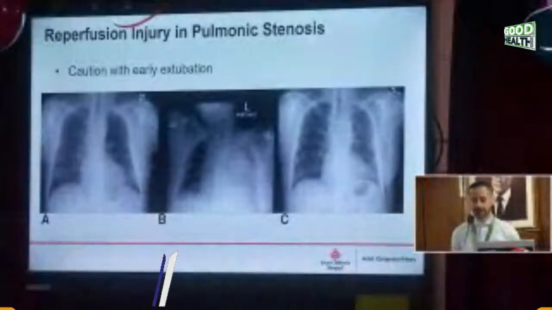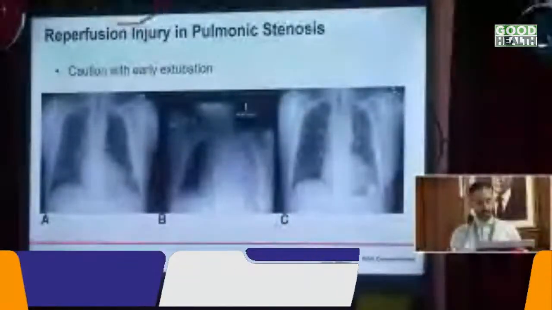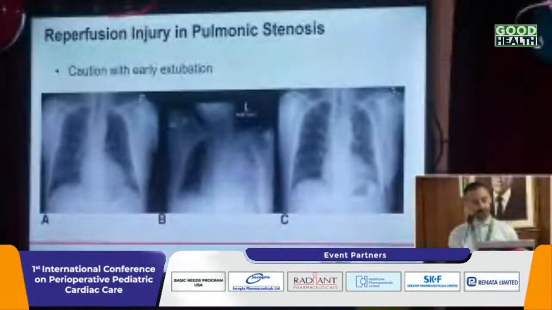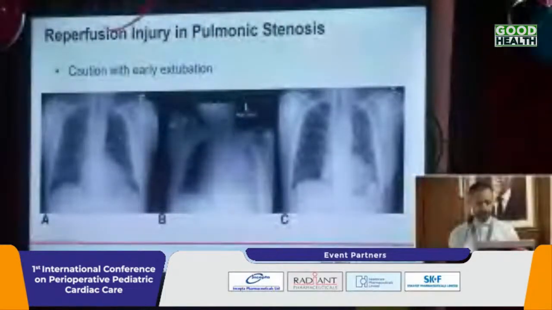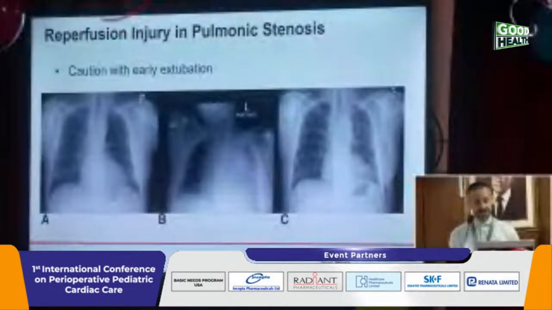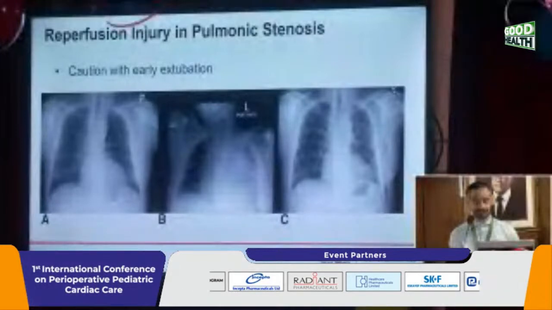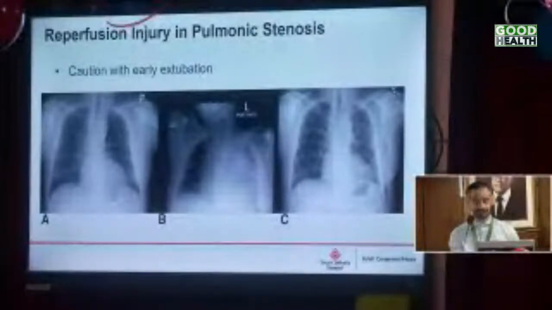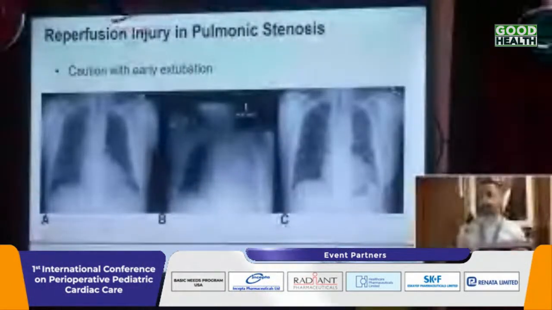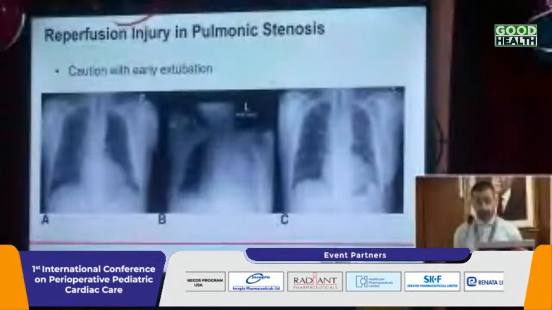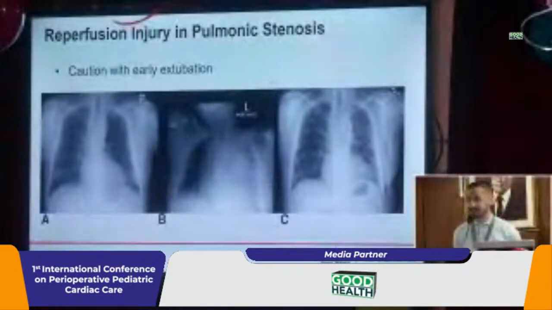And in this picture, I can show you the evolution from the chest x-ray labeled A. This is a preoperative chest x-ray where you see a little bit of pulmonary vascular congestion and an oligemic left-sided lung field from a pulmonary stenosis, to the second chest x-ray, just a couple of days after the patient arrived in the ICU, where we see left-sided lung injury from reperfusion.